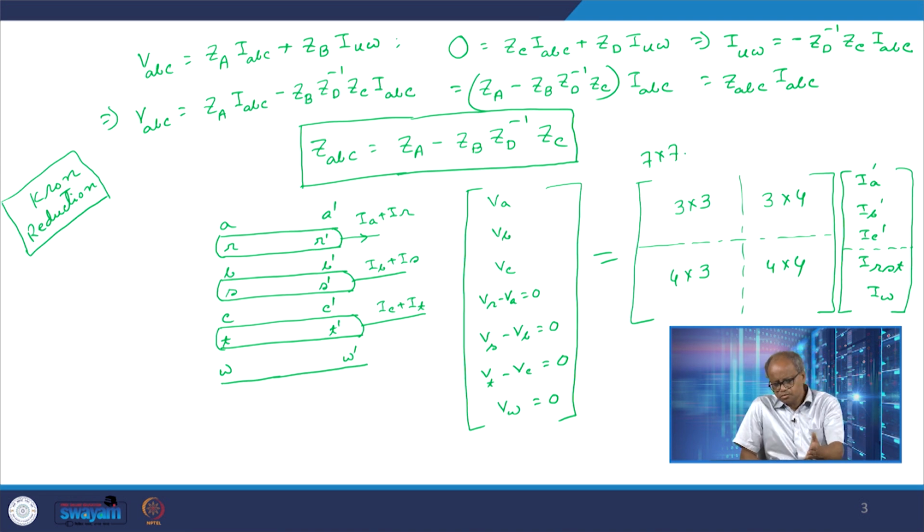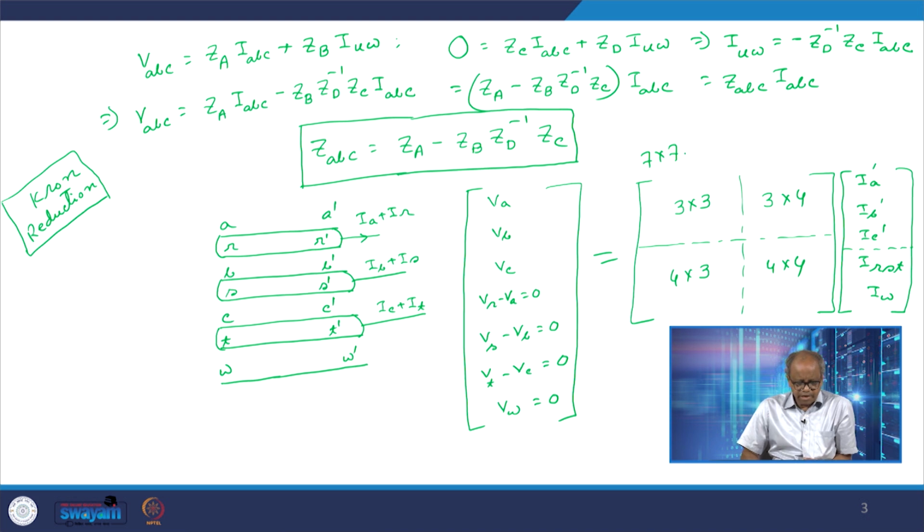We can also extend this very easily if there are more than 2 conductors per phase. So these are the basic fundamental techniques. Using these techniques we are able to calculate the impedance matrix of any line.